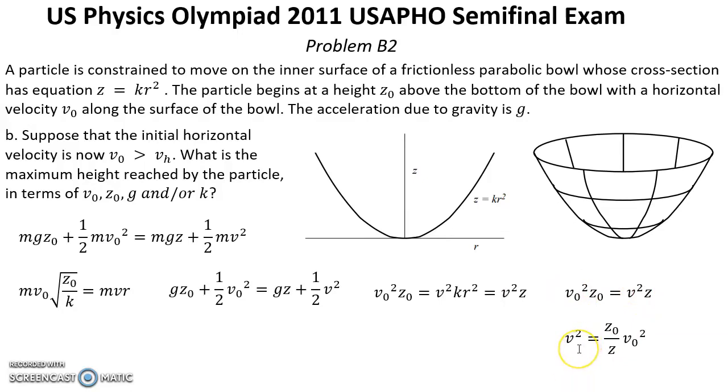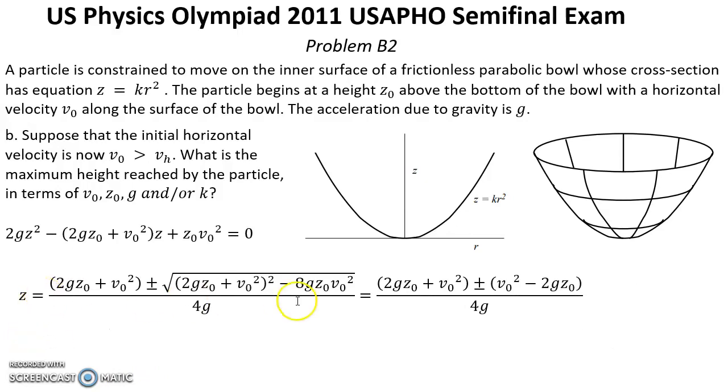In the highest point, v squared equals z0 over z multiplied by v0 squared. And we can put this expression into this equation. That will give us a quadratic equation for z, and the solution for this equation we can write here.